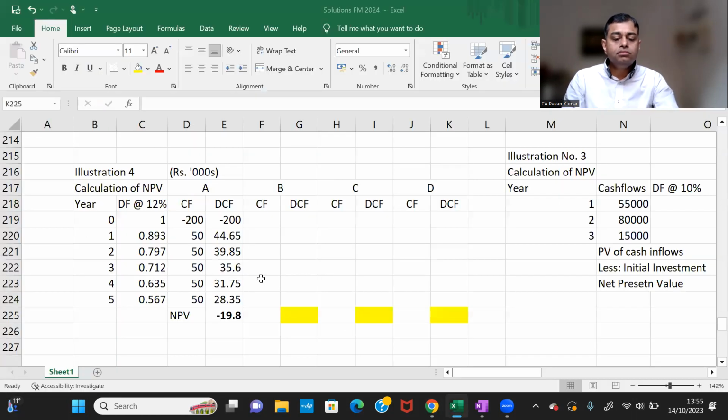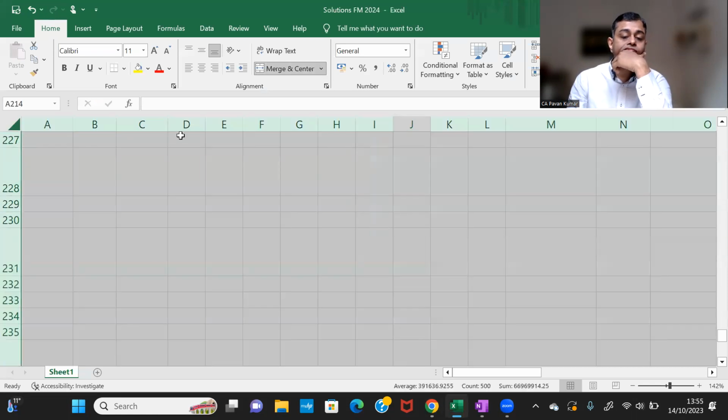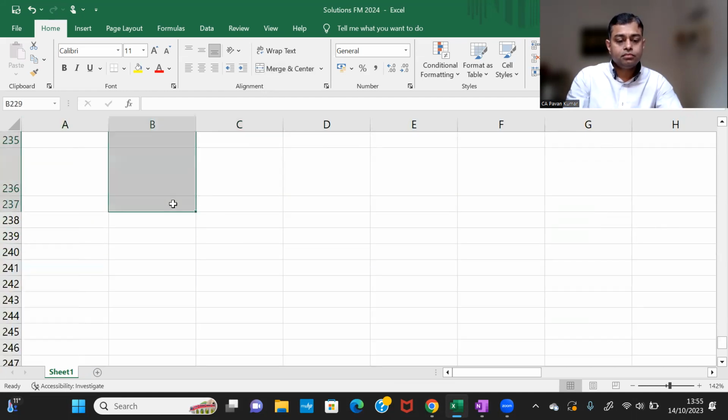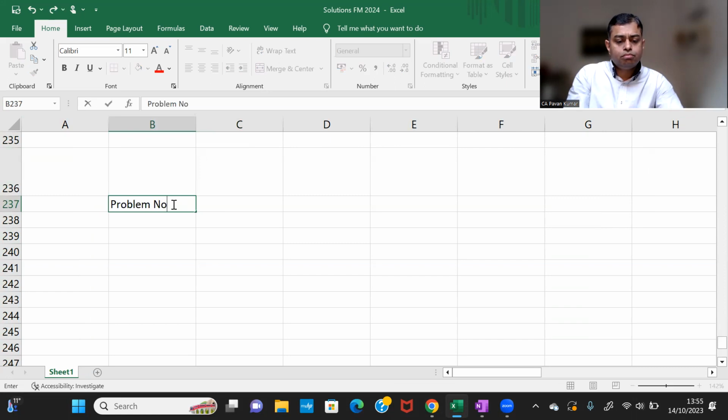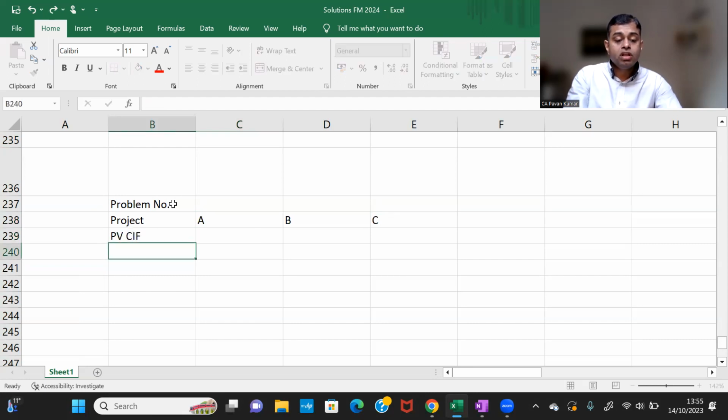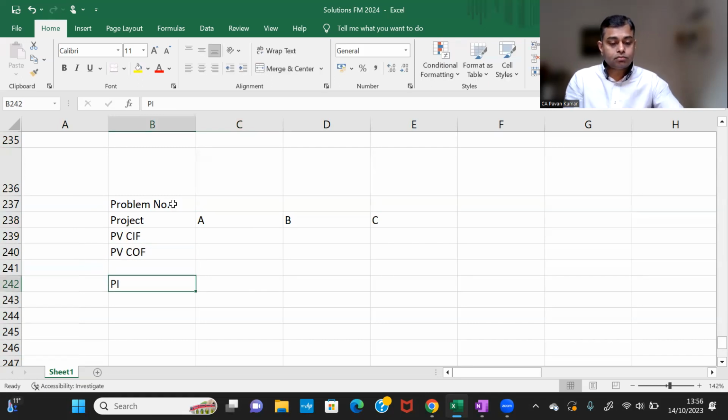Let me write it like this. Particulars. Project, here I write A, B, C. Then I write present value of cash inflow, then present value of cash outflow, then profitability index here.